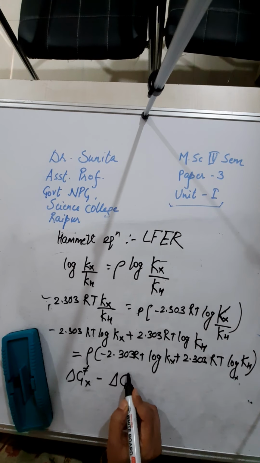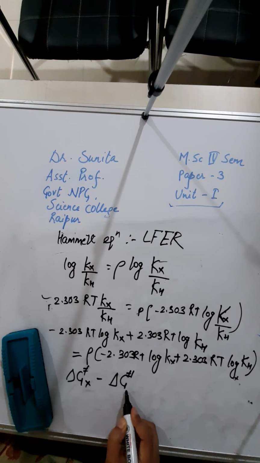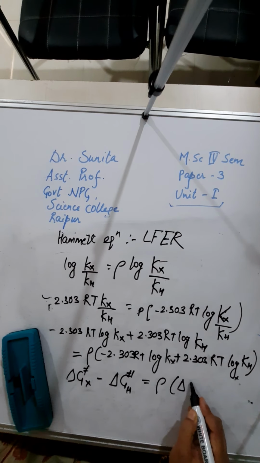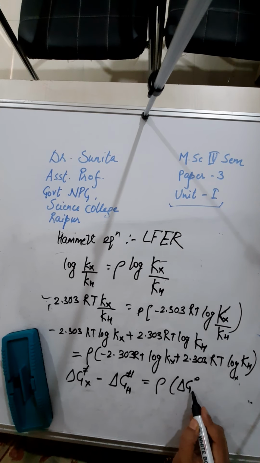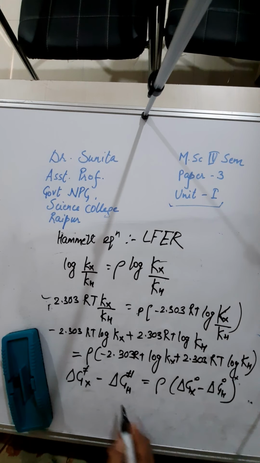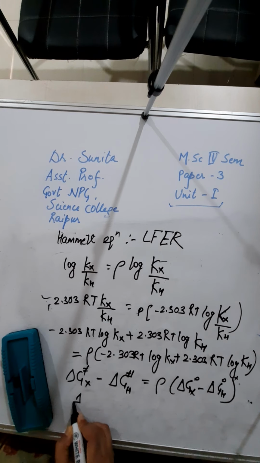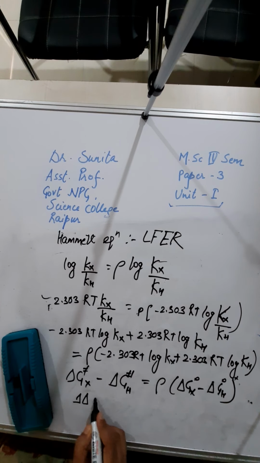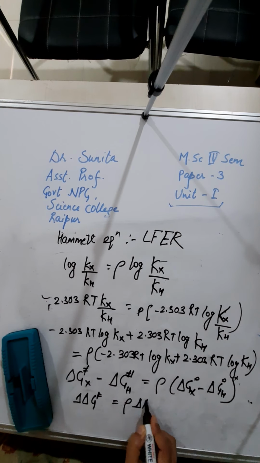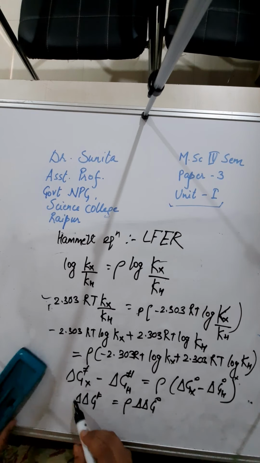So this becomes delta G equals rho delta G naught. This is the final equation we are getting.